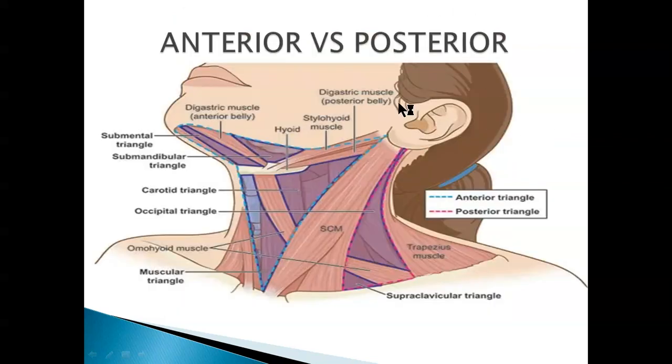Now let's talk about the triangles of the neck: the anterior one and the posterior one. The anterior and posterior triangles are divided with the help of the sternocleidomastoid muscle, a tall, broad muscle on the side of the neck, which helps your neck rotate sideways.